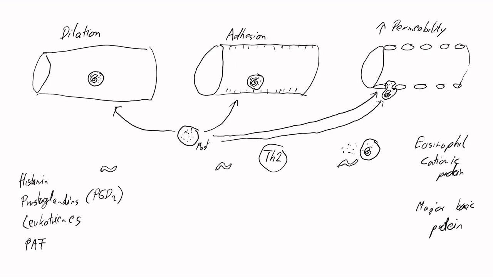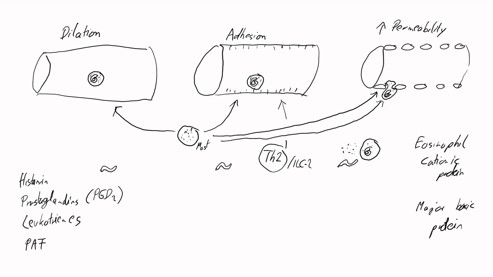So let's talk about these Th2 cells and, as I said, similar functions from ILC2 cells. ILC2s are believed to be even more tissue resident than the Th2 cells. One function which is still a bit debated, still not quite that clear, is the involvement of the Th2 cells in the expression of adhesion molecules.